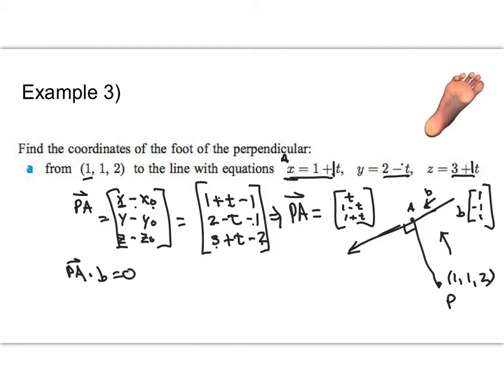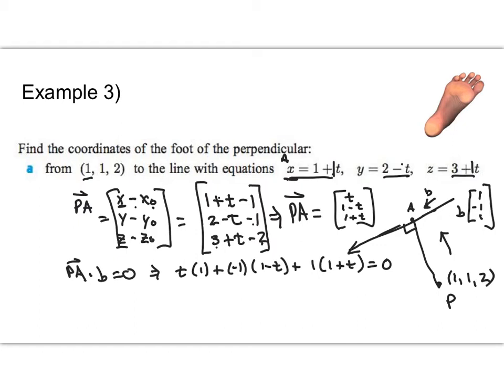So for the dot product, I have to multiply the components together. So I have t times 1, plus -1 times 1 minus t, plus 1 times 1 plus t. That has to equal 0.